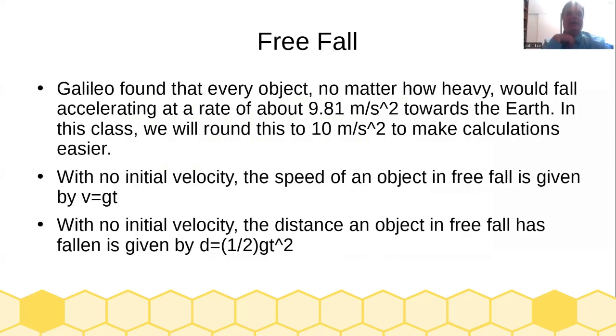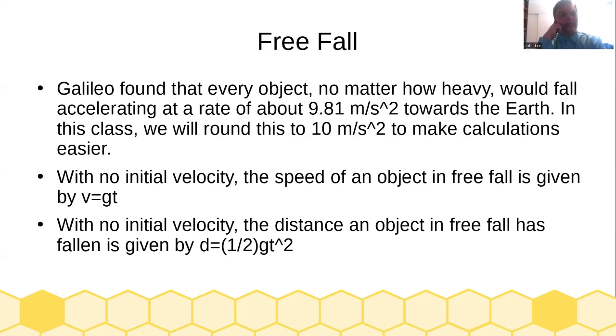So Galileo found that every object, no matter how heavy, would fall accelerating at a rate of about 9.81 meters per second squared towards the Earth. In this class, we'll round this to 10 meters per second squared to make calculations easier. So with no initial velocity, we can use our kinematics equations and say that the speed of an object in free fall is given by v equals gt, where g is the 10 meters per second squared and is just substituted into acceleration because it is a constant on the surface of the Earth.